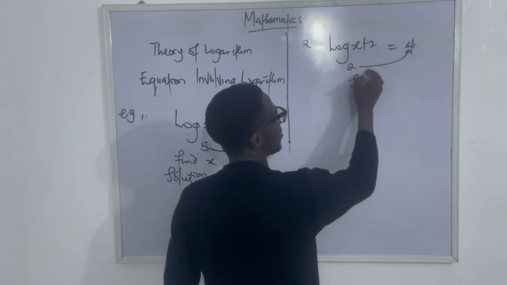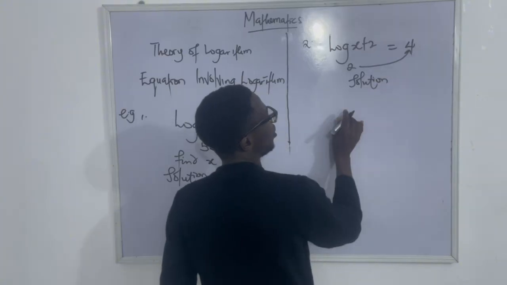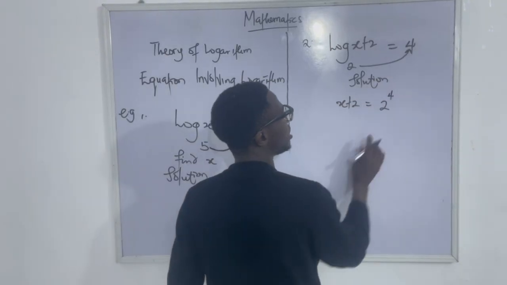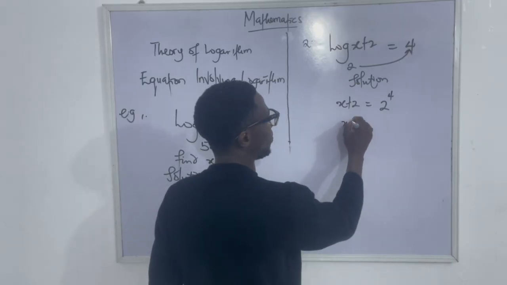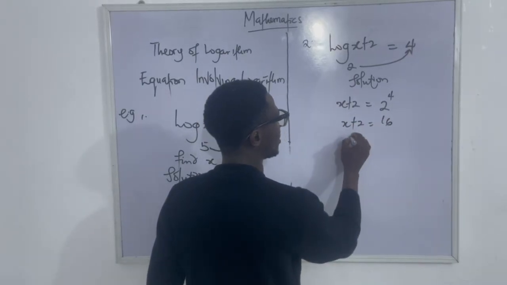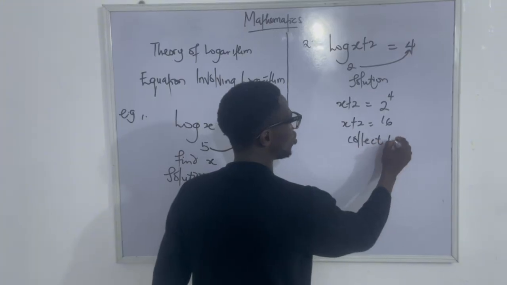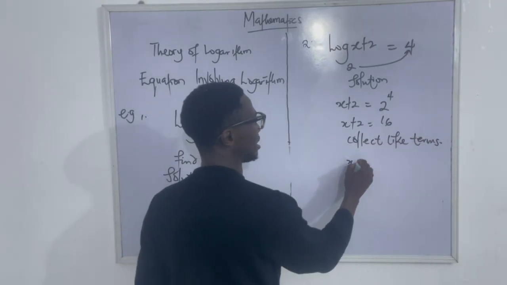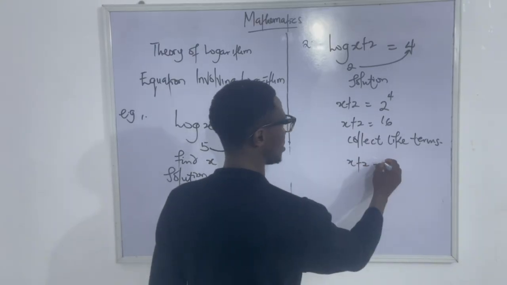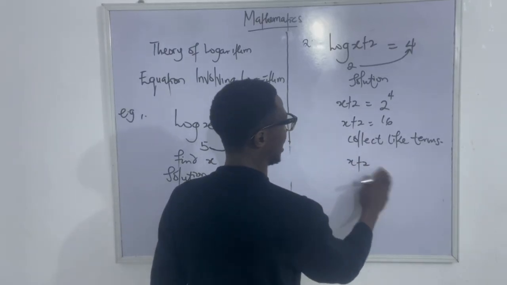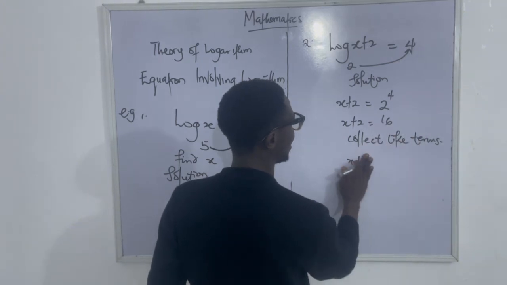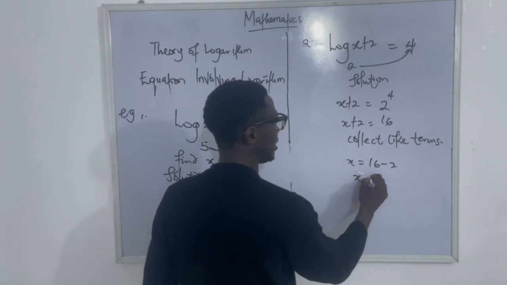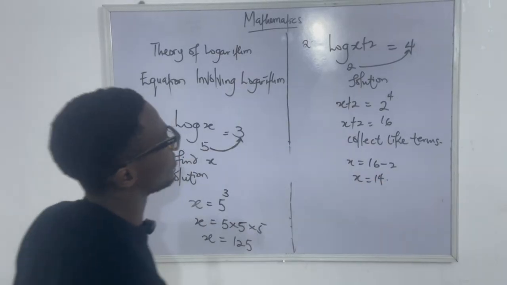So which means x plus 2 will be equal to 2 raised power 4. And x plus 2 equals 16. What you need to do is just to collect like terms. When plus 2 crosses the equality sign, it should now be minus 2. So x equals 16 minus 2. x equals 14.